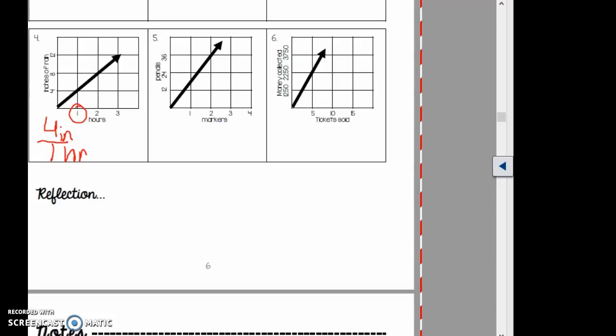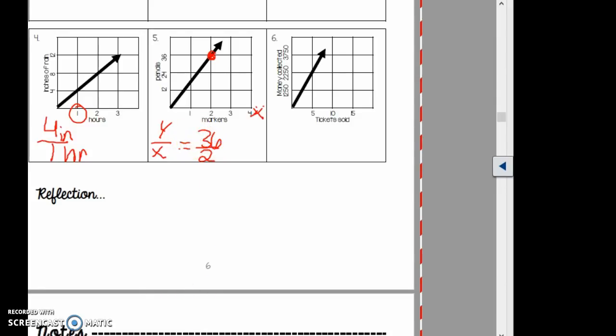Okay. Second one, in number 5, we don't have anything at 1, but we can find where 2 meets. Do you see that? Mm-hmm. Go ahead and put a circle on it. Now we're going to have to do y over x for this one. Beautiful. Good.